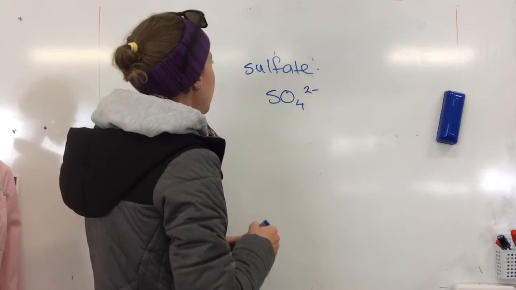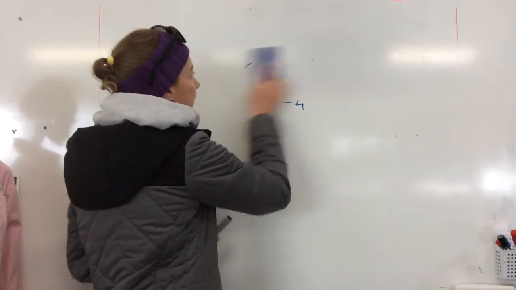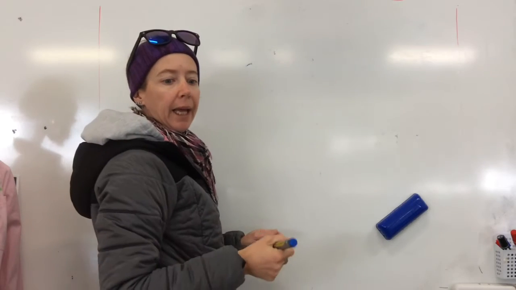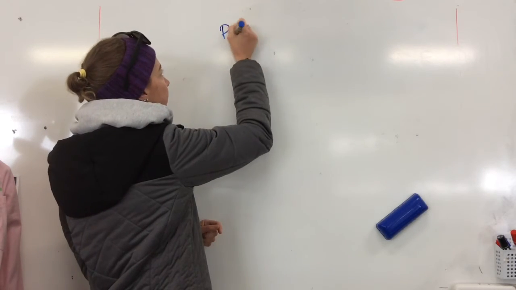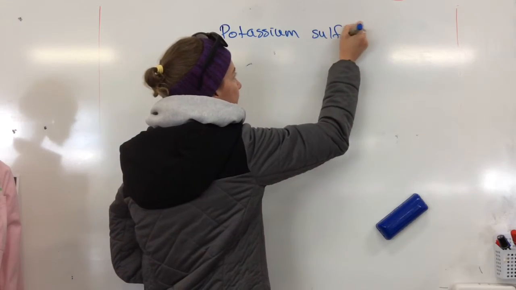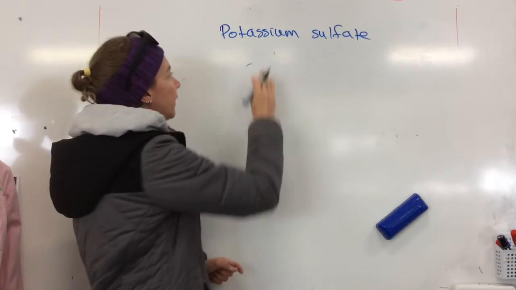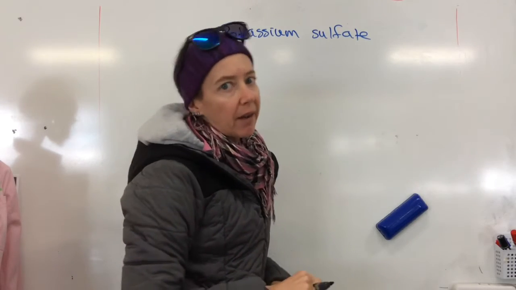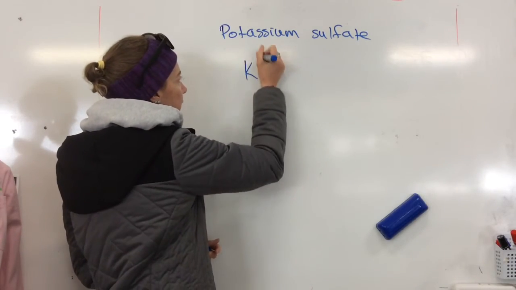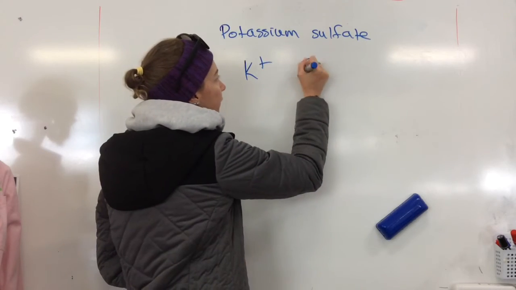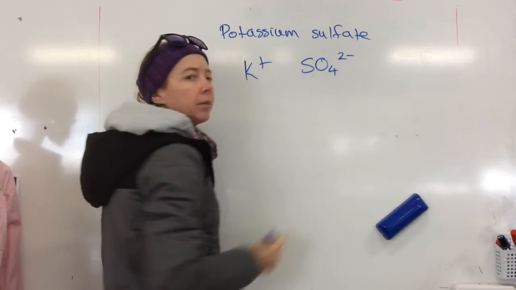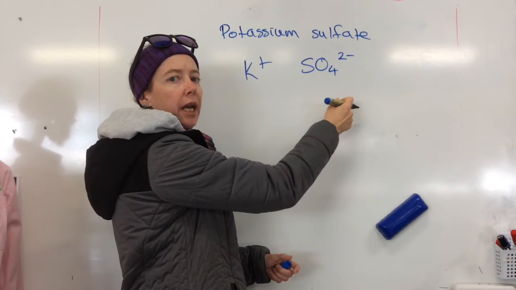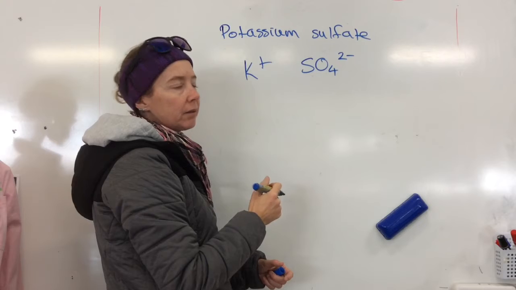Why don't we combine sulfate, which is a polyatomic ion, with potassium. So we'll look at potassium sulfate. Potassium's in group 1, same as sodium, so it's going to have the same charge on it. And we know our sulfate. Balanced? 1 plus? 2 negative? Not balanced.